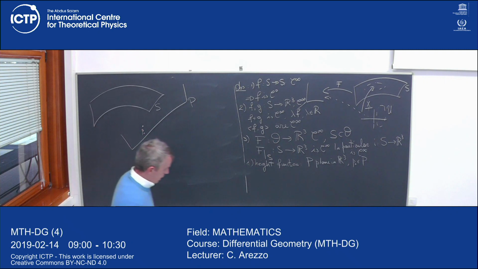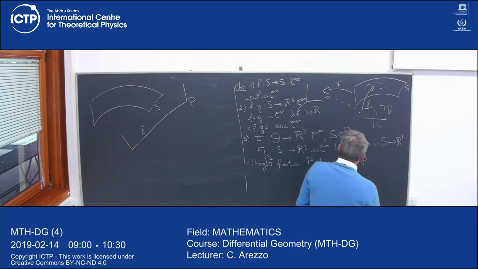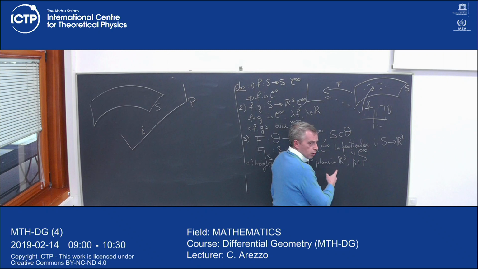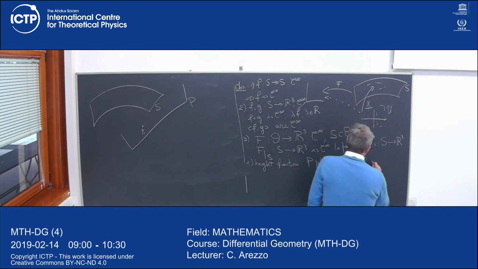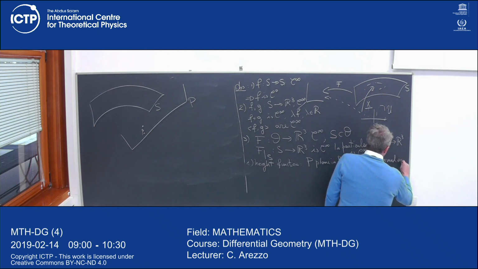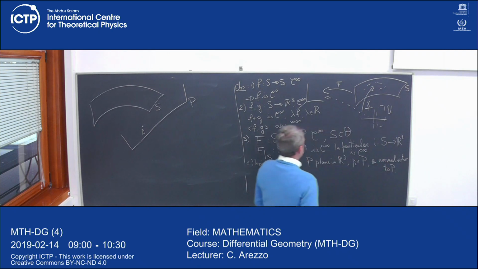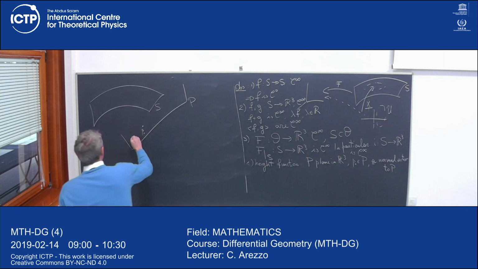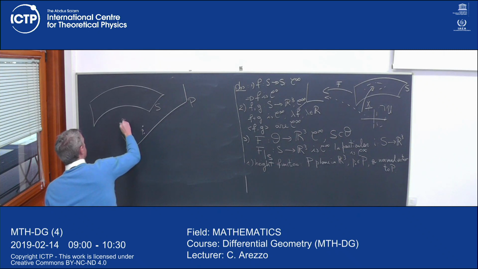And then, of course, a plane in R3 is given by what? Which is the minimal amount of information you have to give me? One point and one vector, the normal vector. So let's give it a name. One normal vector, A. In particular, here in this situation, something like this.